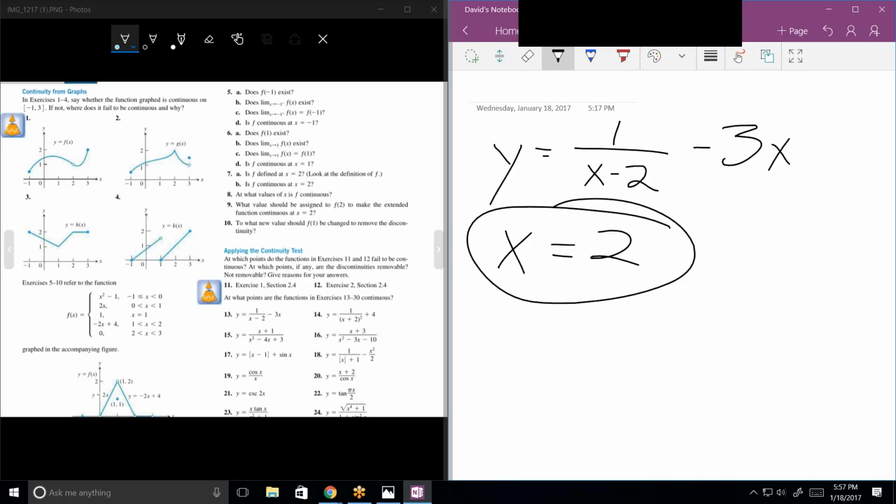It's easier to figure out domain by figuring out what x cannot be rather than what it can be. If I look at this function, x can be anything except 2. That is the only thing that gives any problems at all. So it's continuous everywhere else, from negative infinity to positive infinity, except at 2.